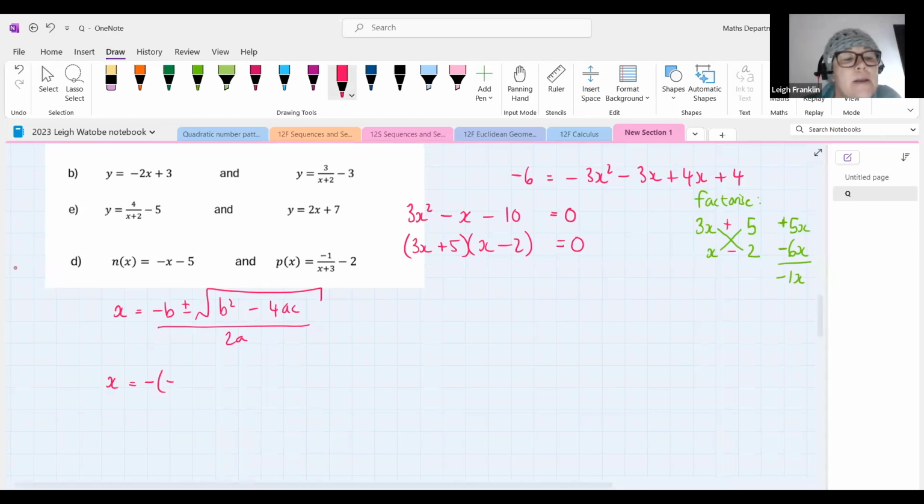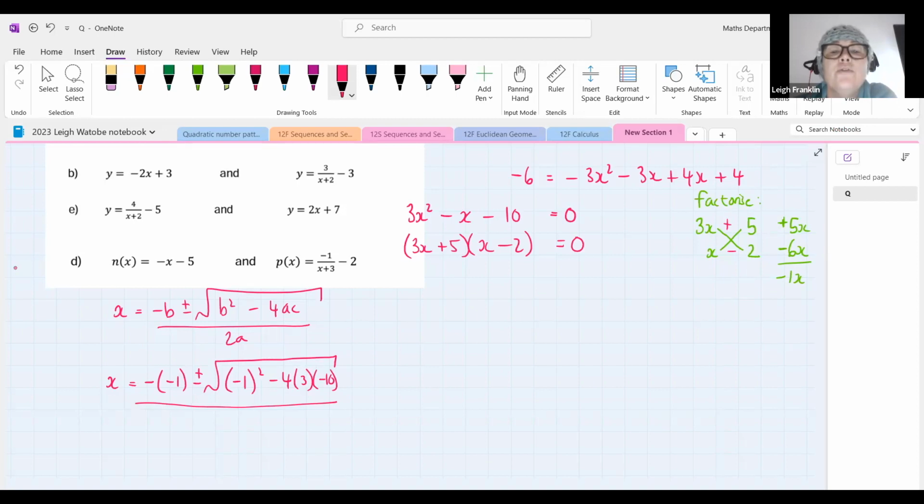So that would be -1. Plus or minus. Don't leave out the plus or minus. Often a lot of students do that and it creates problems. Make sure you put b in brackets. That's (-1) squared minus 4 times a is 3, and c in this case was -10. And that goes over 2 times 3.